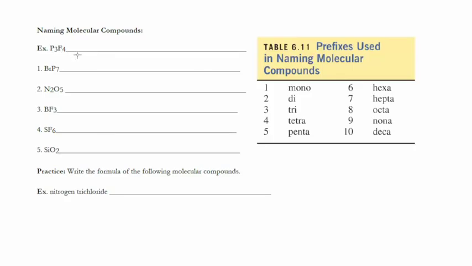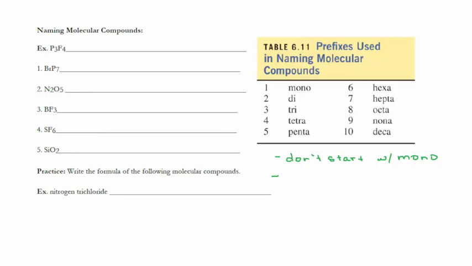The only 2 quick rules, the first one is that you don't actually start with mono. So the very first atom, if you only have one of them, you won't use the prefix mono. Now, if your second atom, there's only one of them, then you can use the prefix mono, but you just don't start.